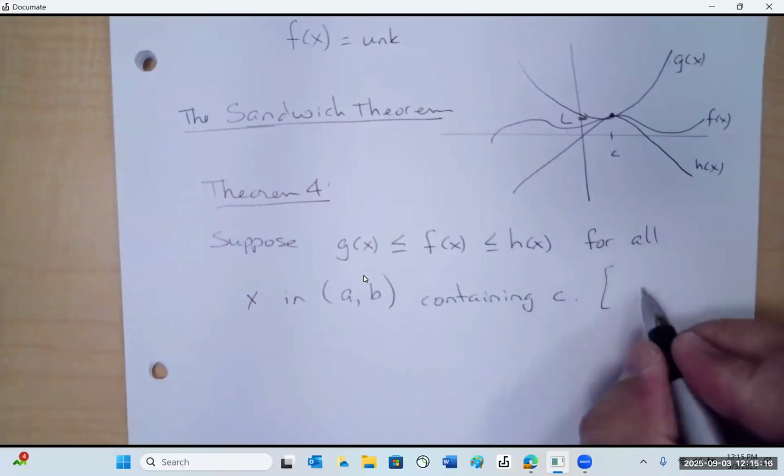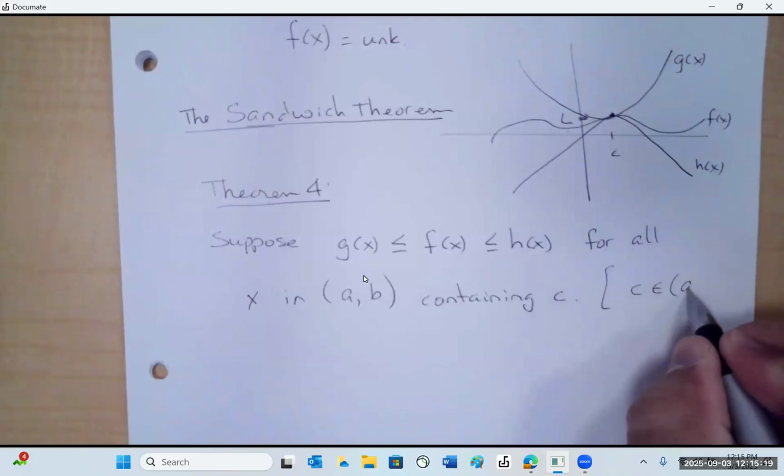In mathematics, we would write that c is an element of that open interval.